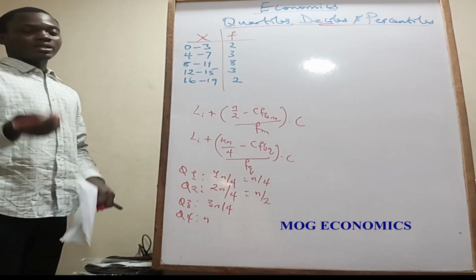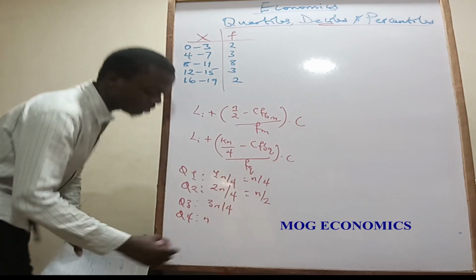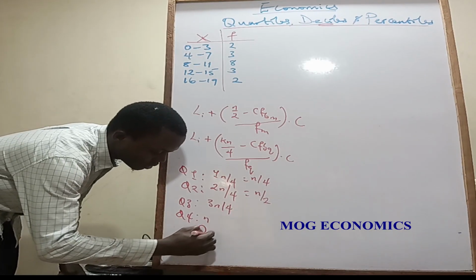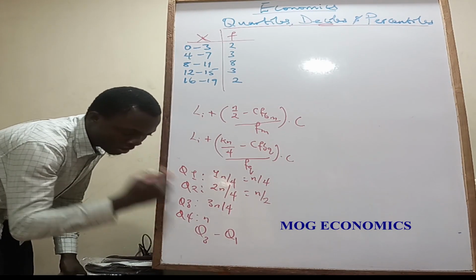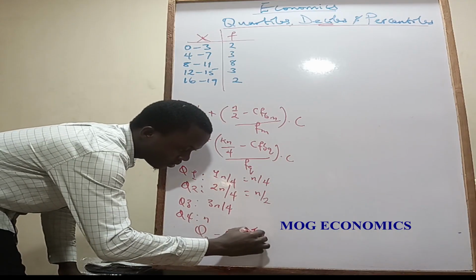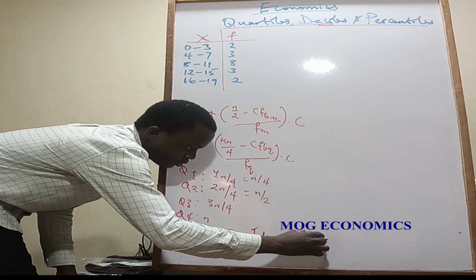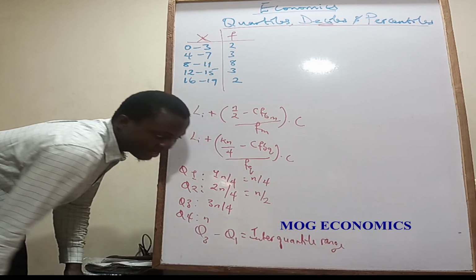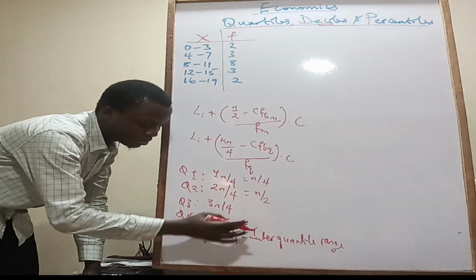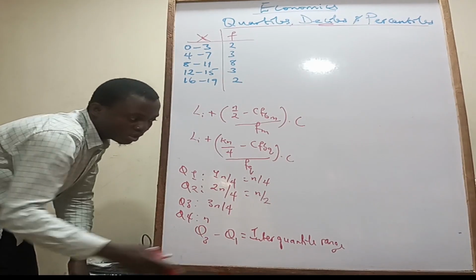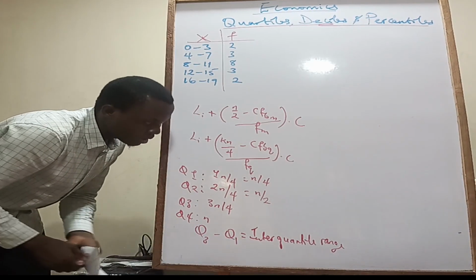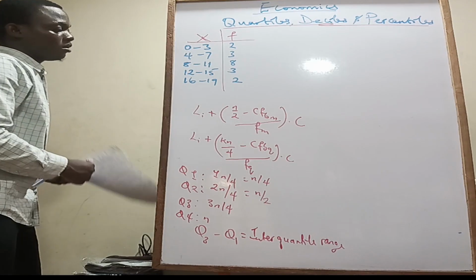If you're asked to calculate the interquartile range, it is just the third quartile minus the first quartile. But if it was the semi-interquartile range, that means you are going to do this same thing divided by 2 to get your semi-interquartile range.